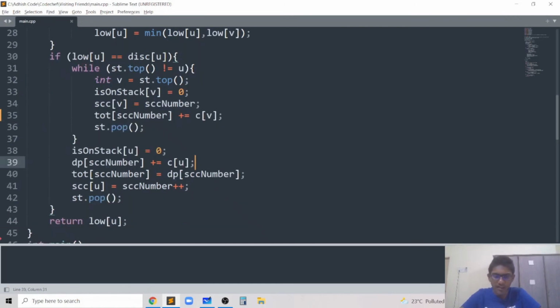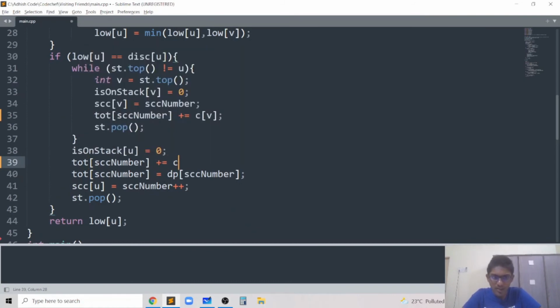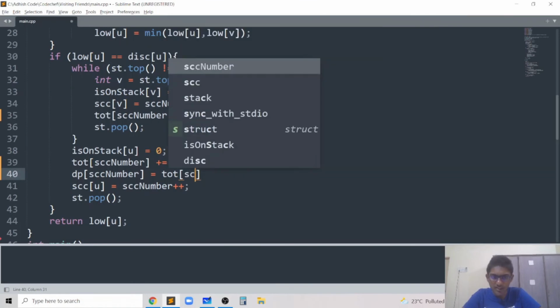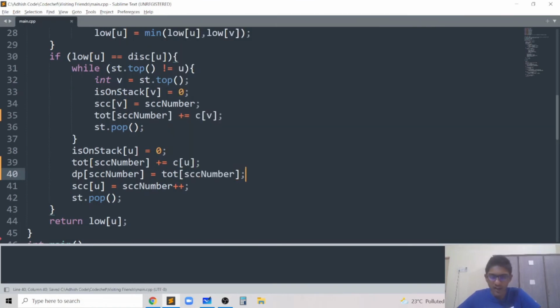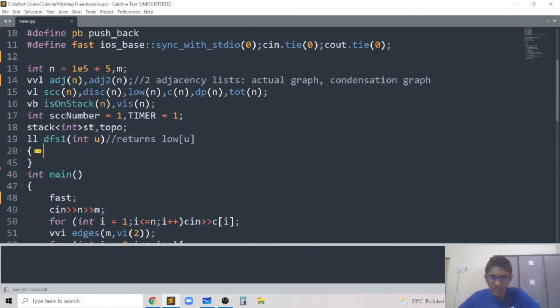Then I increase tot of SCC number by c of u, because u is also added, and I assign dp of SCC number to be tot of SCC number initially, because that's the base case for the dp, and the recurrence is what I showed you. So that's what I do in the first DFS.